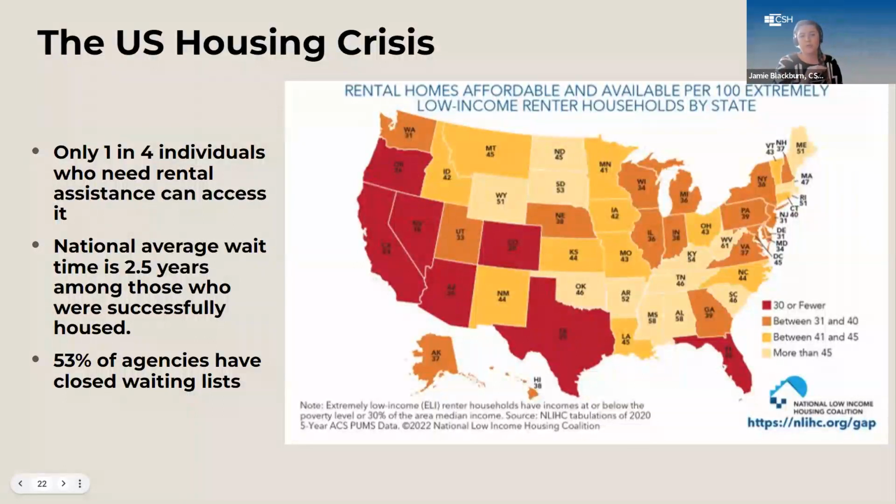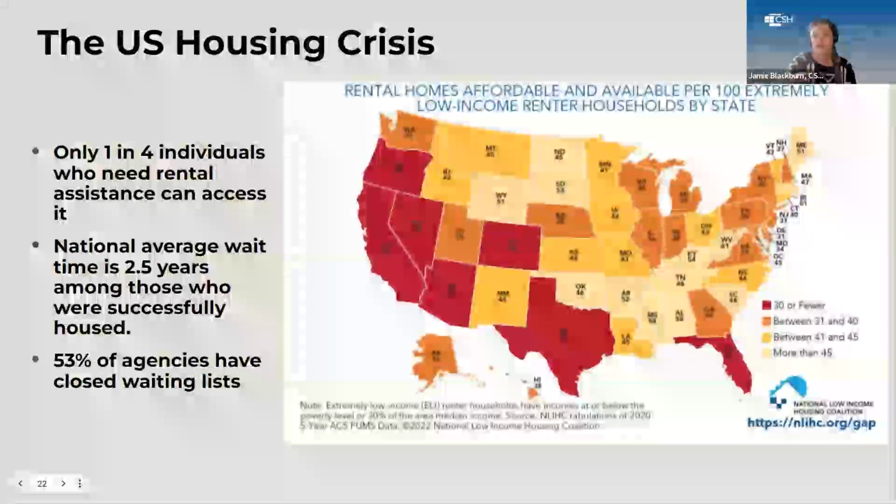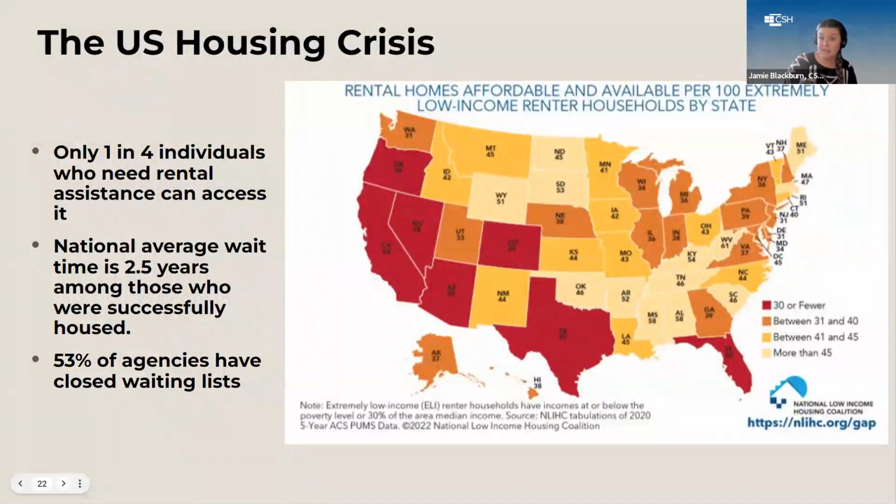There's a shortage of housing options across all income spans, from workforce housing down to those experiencing homelessness. But this particular map shows where those discrepancies are for those defined as extremely low income, with the red states showing where the need is most dire across the country.